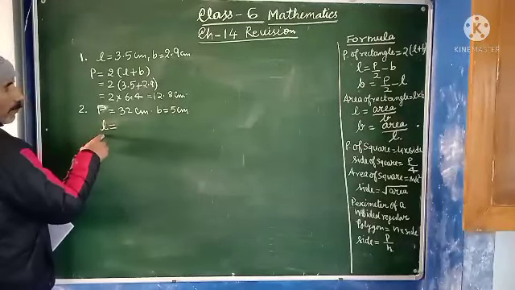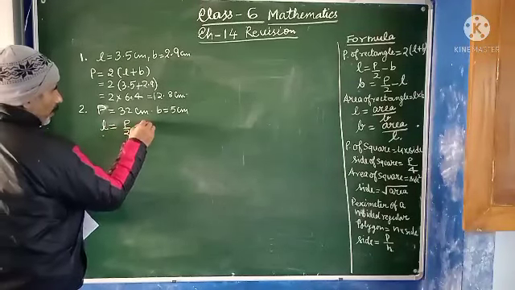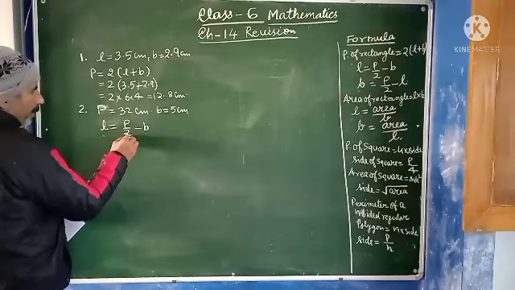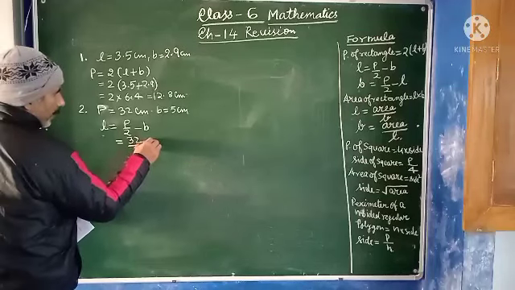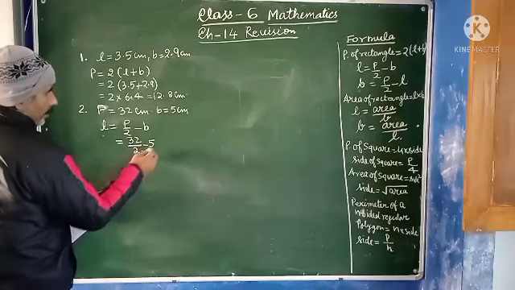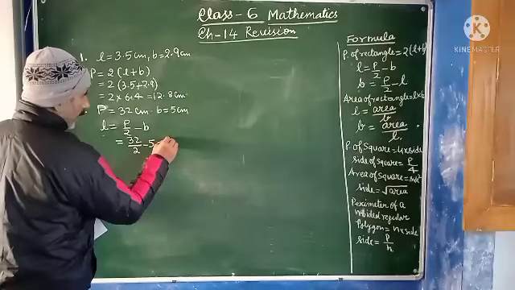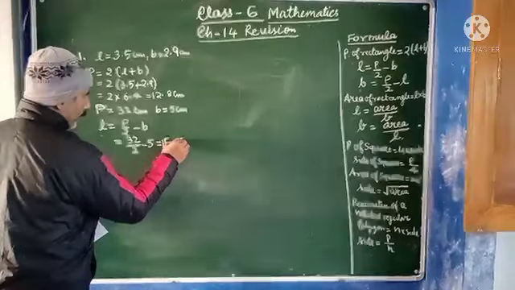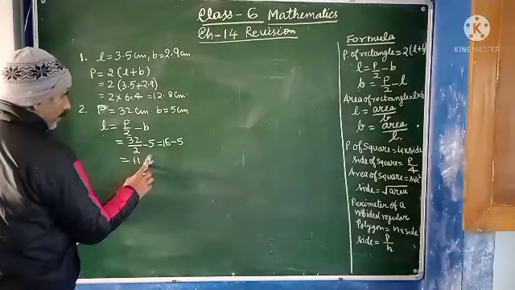You write the formula for length. Length is equal to perimeter divided by 2 minus breadth. Now substitute the values. What is the perimeter? That is 32 divided by 2 minus 5. So 32 divided by 2 will give you 16. 16 minus 5 is 11. So 11 centimeter will be the answer.